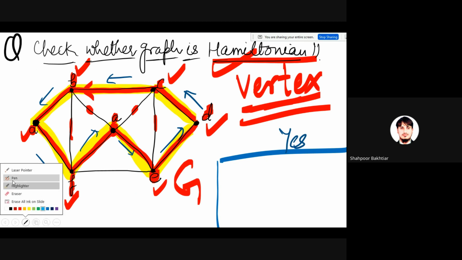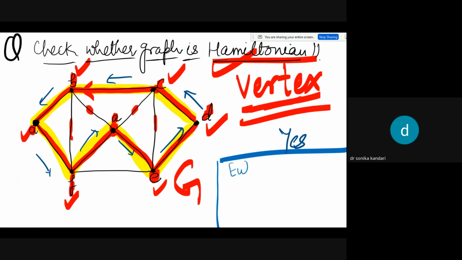Good. So in case of Eulerian, we have focused on covering each edge exactly once. In case of Hamiltonian graph, we have to cover each vertex of the graph exactly once.